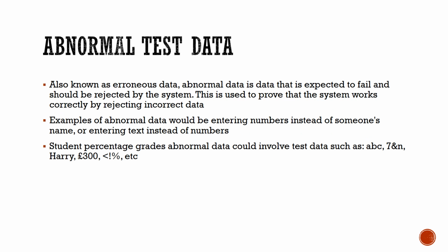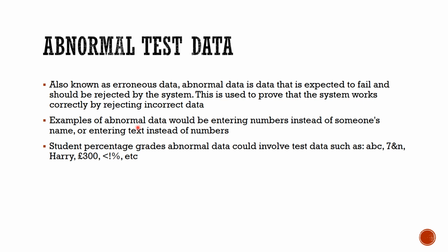Abnormal test data, also known as erroneous data, is data that is expected to fail and should be rejected by the system. This is used to prove that the system works correctly by rejecting incorrect data.